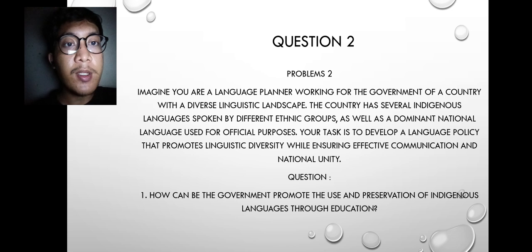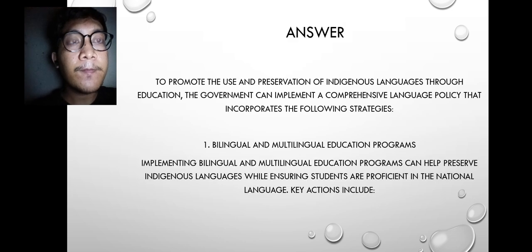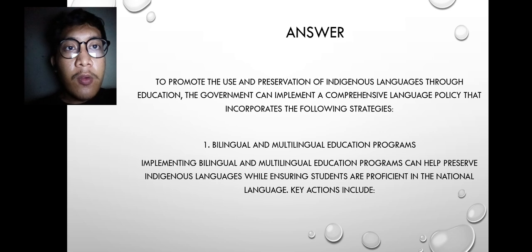The question: how can the government promote the use and preservation of indigenous languages through education? The answer: to promote the use and preservation of indigenous languages through education, the government can implement a comprehensive language policy that incorporates the following strategies.